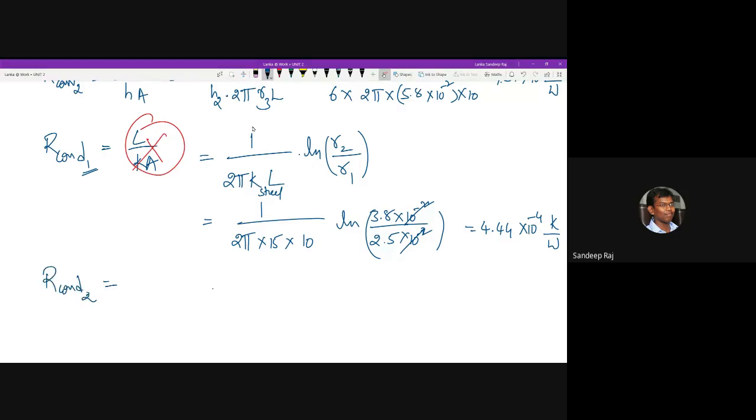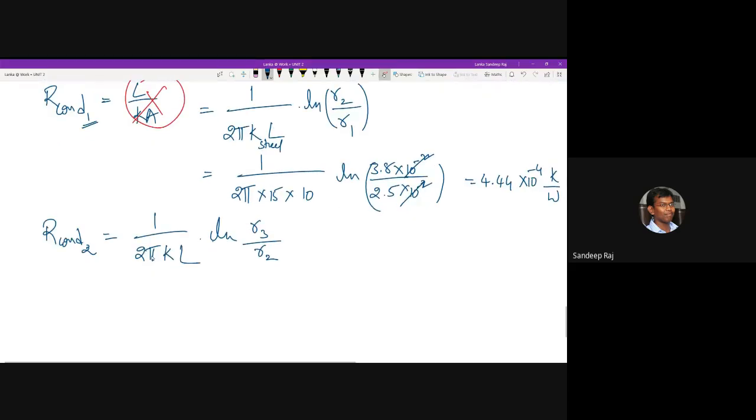The R conduction 2 formula is this one only, 1 by 2 pi KL into ln. I have to take R3 now because for 2 the higher radius is R3 and lower radius is R2. Now, if I substitute the values here, that is 1 by 2 pi.